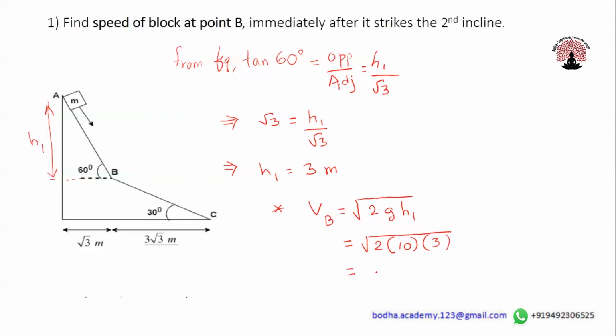Therefore, it's root 60 meter per second. So we got the first part. When the body reaches point B, the velocity of the body will be root 60 meter per second.